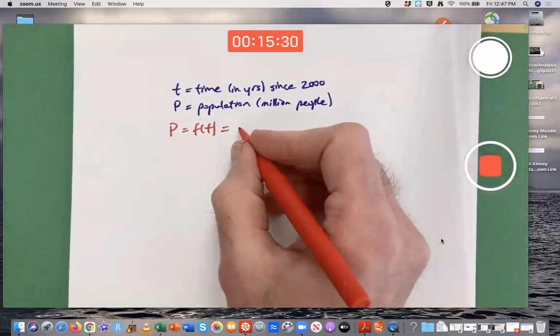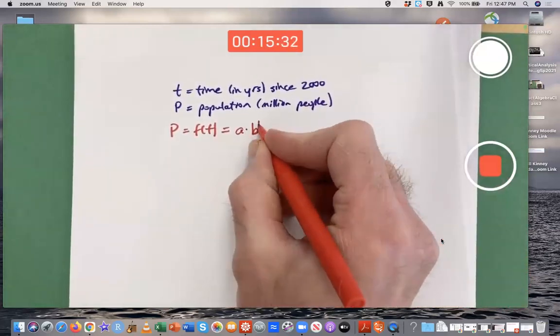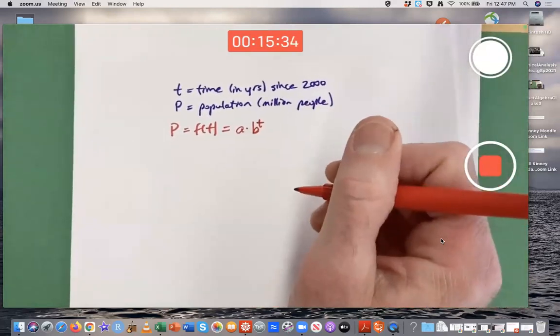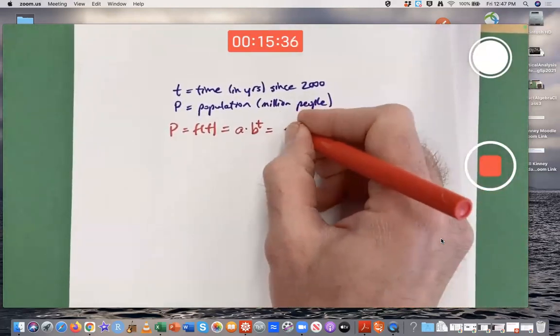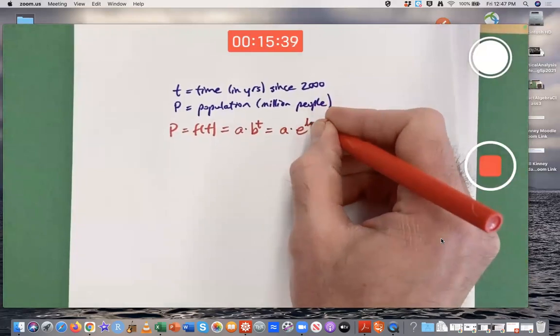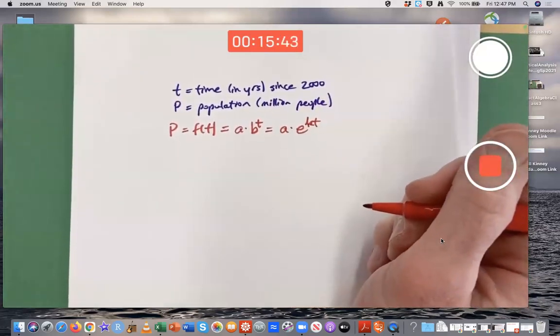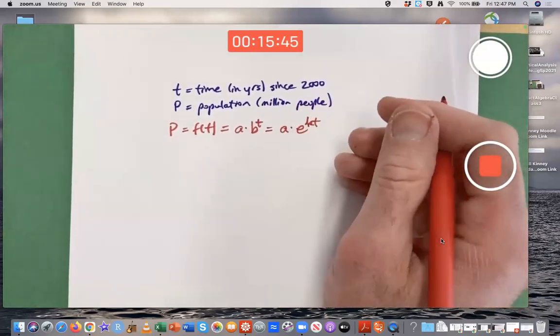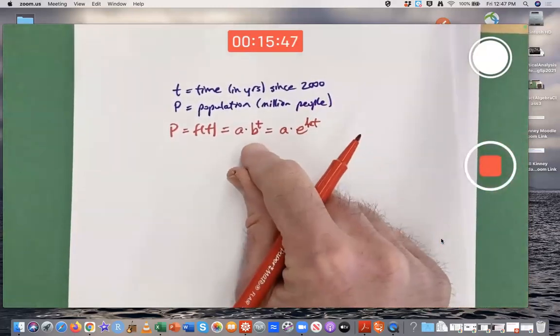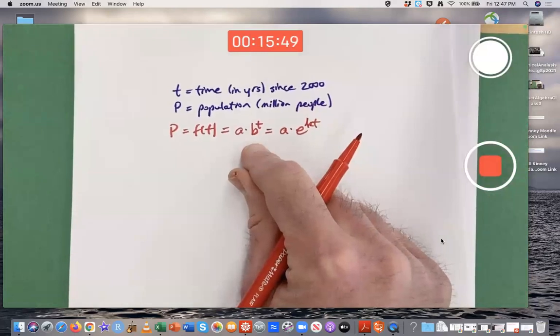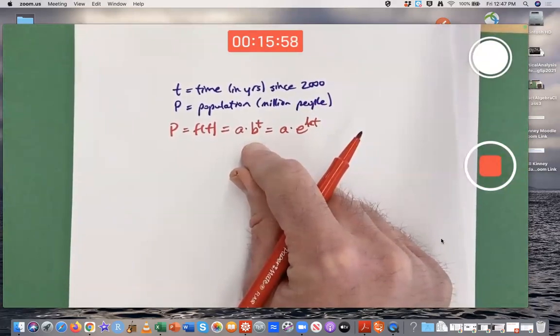Okay, we can use the form a times b to the t if we like, or we can use the form a times e to the kt. Either way is okay. They both have their pluses and their minuses. When you write it as an arbitrary b that you have to solve for, it's easier to interpret the population growth as a percent rate of change per year, per unit time.